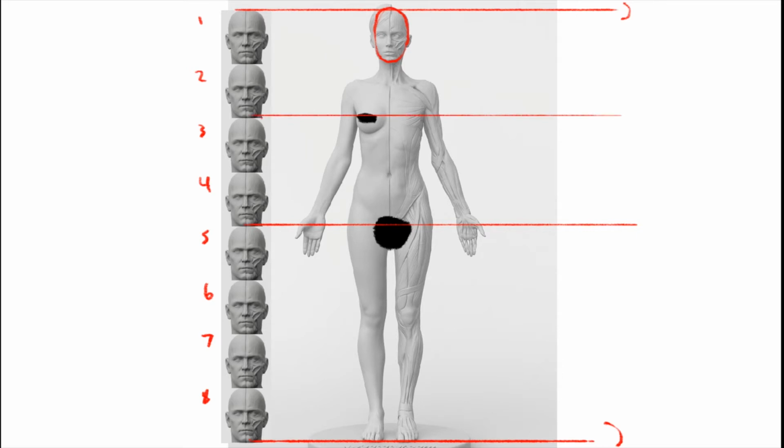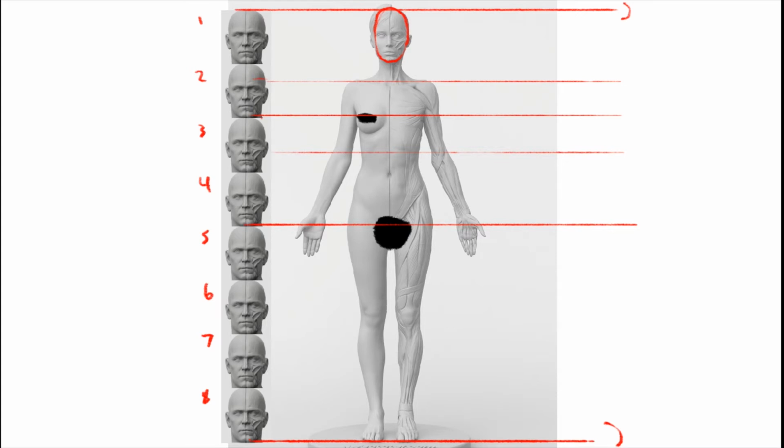Okay, and what we can do from this line is we can go 1/3 of the head way up and draw another line, and that's going to represent the clavicle. We do 1/3 of a head below that center line, and that's going to be the bottom of the rib cage.